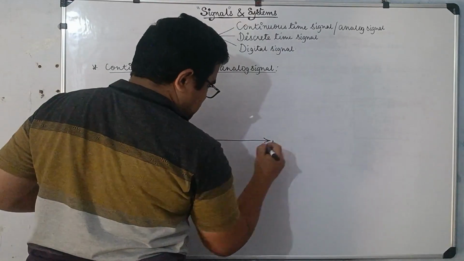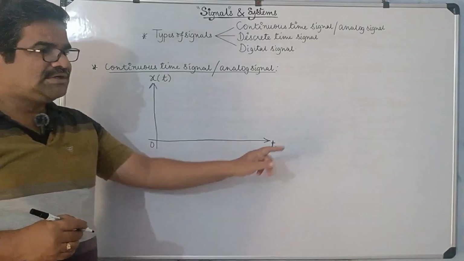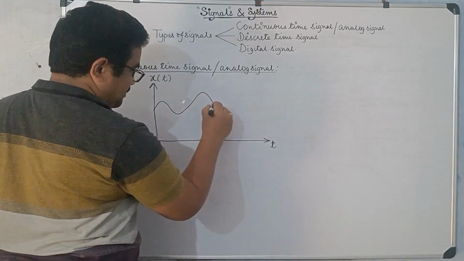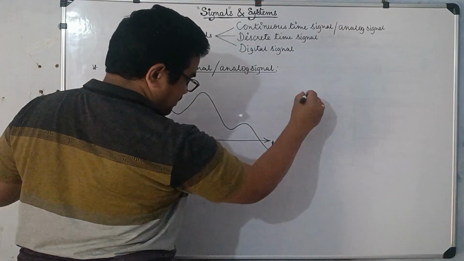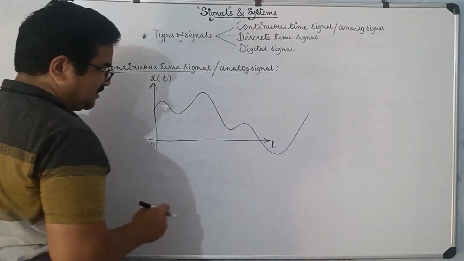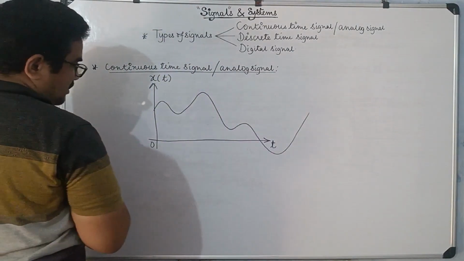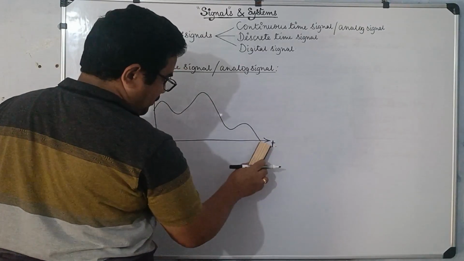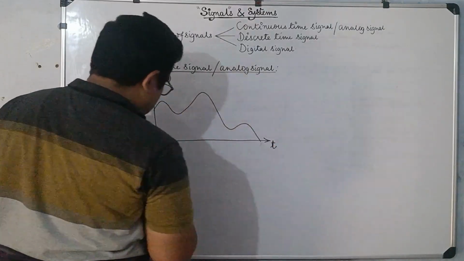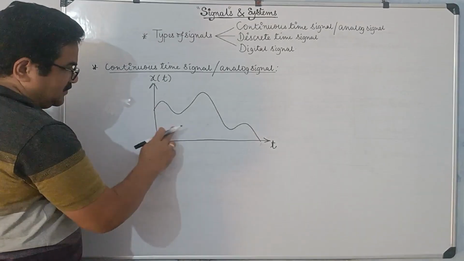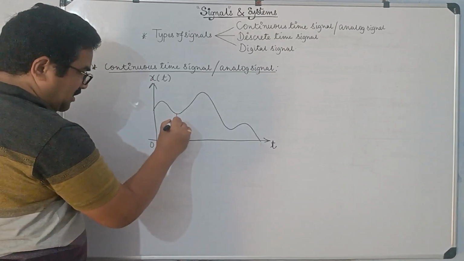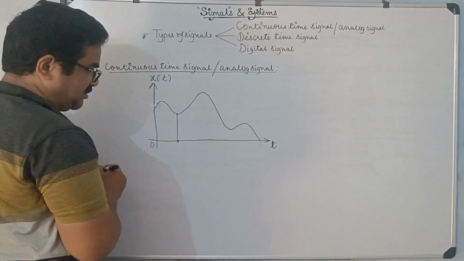So this is my time axis. Let us say my signal is varying in this fashion. This is my signal, which is varying as a function of time. Here, if you look at the signal at any instant of time, for example I take this instant, I have some signal, it has a certain amplitude.